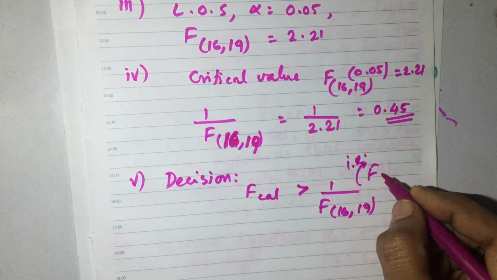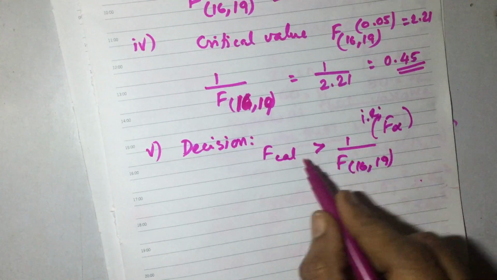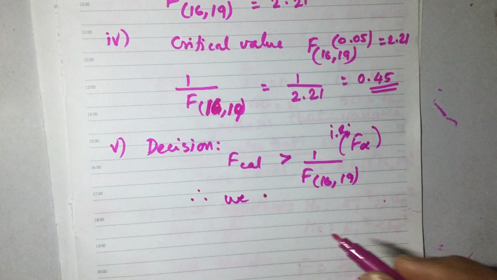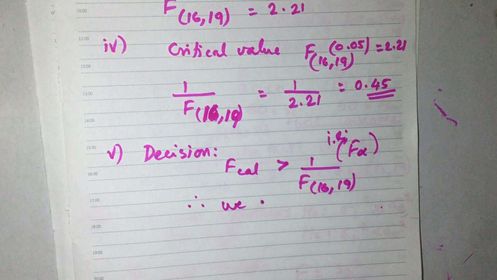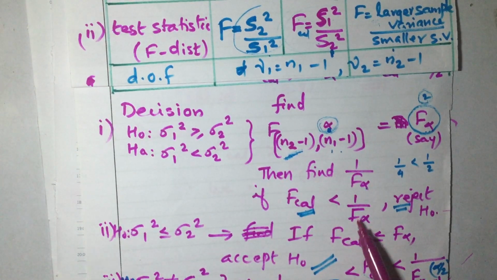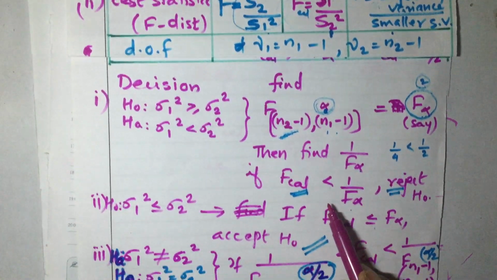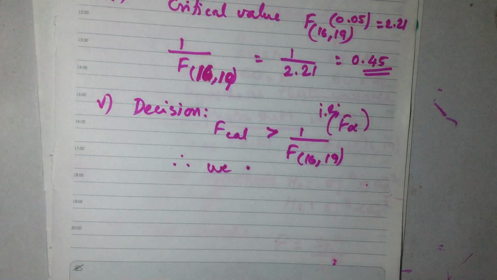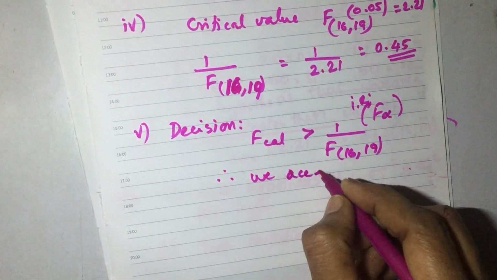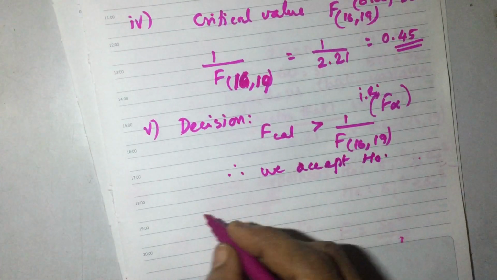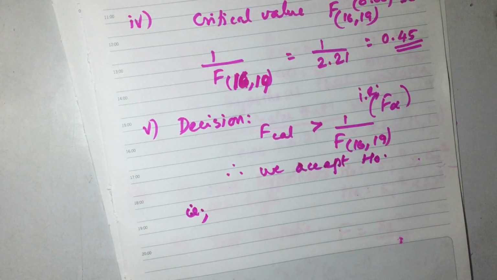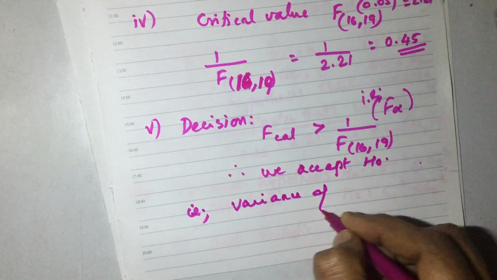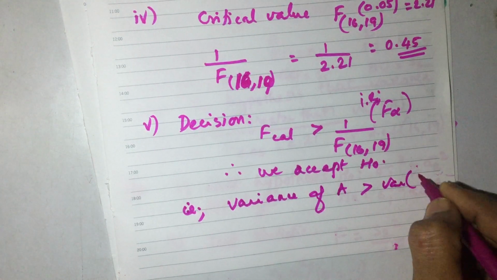Therefore, if the F calculated value is less than 1 by F of alpha, we reject. Here you got it as greater, so we need to accept. So we accept H0. So what was H0? The variance of A is greater than the variance of B.